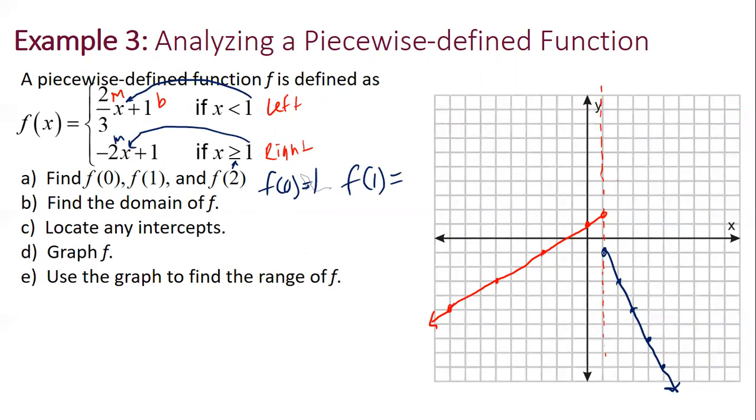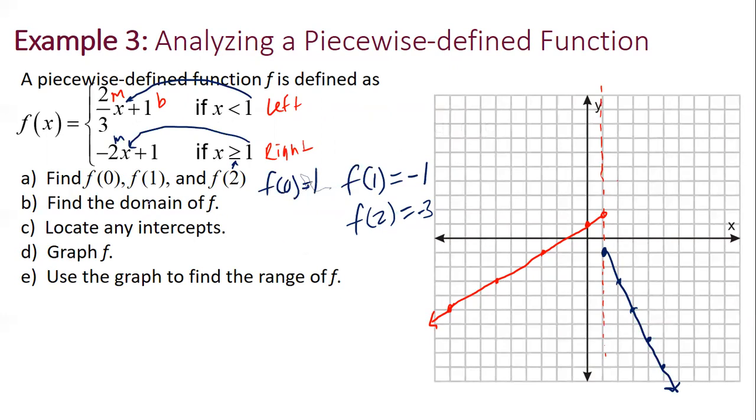I'm going to use the closed circle. And what do I get? -1. F of 2, is that to the left or to the right? It's to the right. If I go to f of 2 and I go down, what do I get? -3. Okay, so you have to know where they fall on that interval of the pieces.